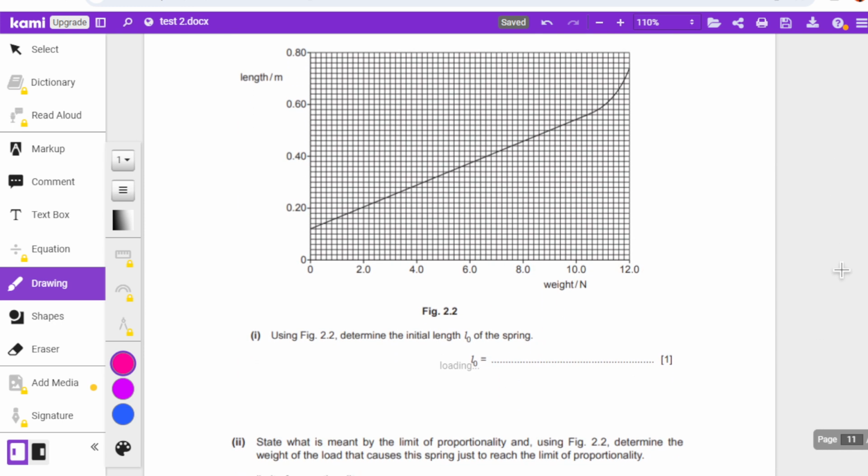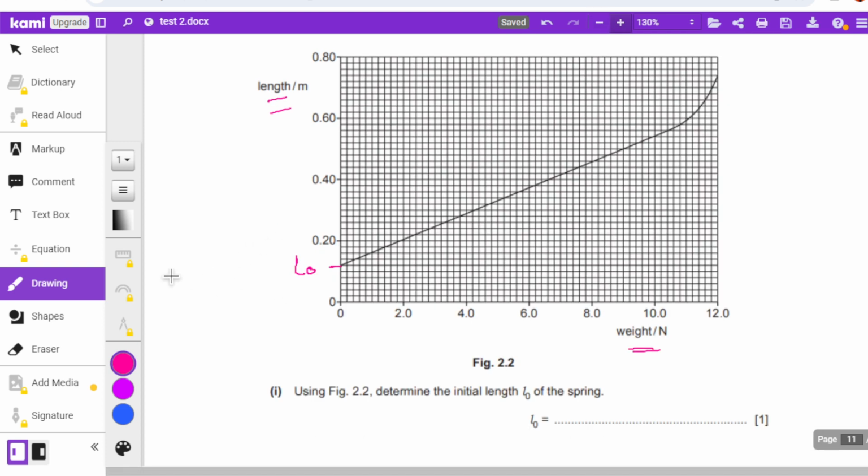He asked in this question to determine the initial length LO of the spring. As you know, this is the initial length because this is weight zero with length. So the length of a spring starts from LO. How can you read it? Okay, no problem. You can subtract two successive values, 0.2 minus 0, over the number of squares, which is 10.